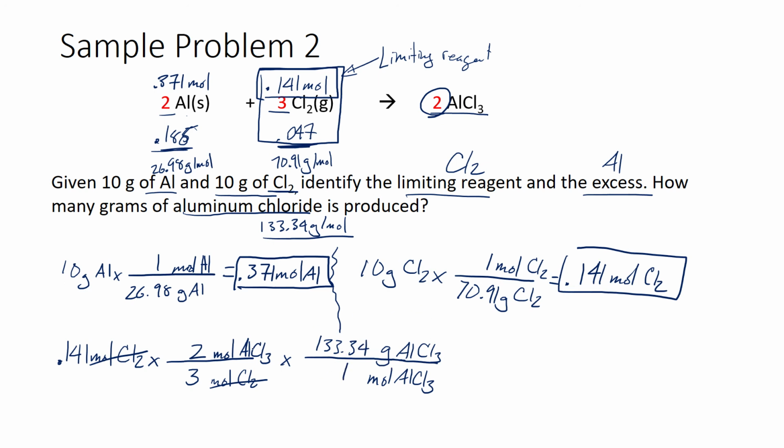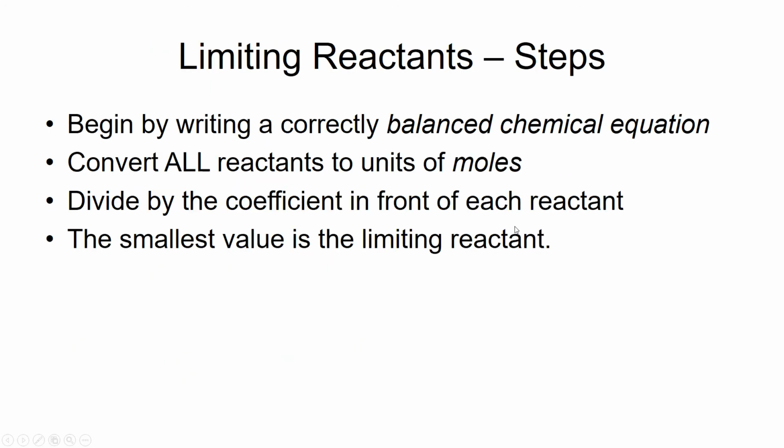So let's finally do this little bit of math. 0.141 times 2 divided by 3 times 133.34, and I get 12.5 grams of aluminum chloride. That is how much is made based on 0.141 moles of chlorine.